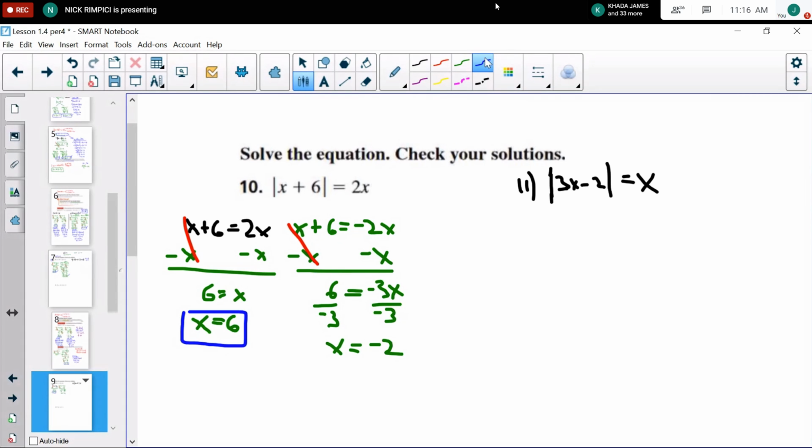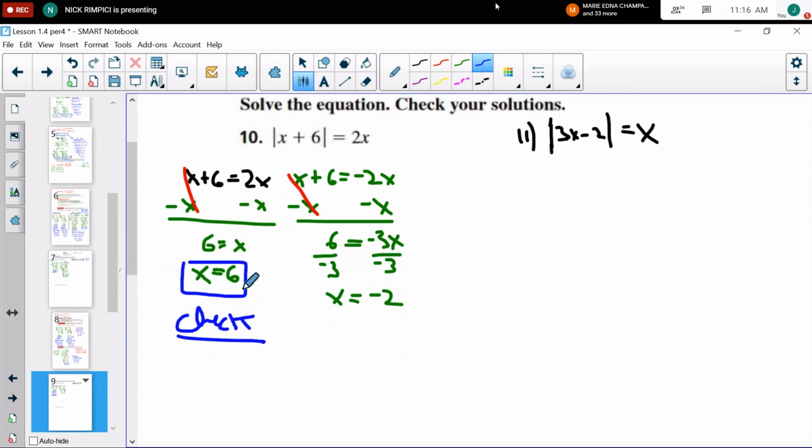What you do to check it is pretty simple. You just drop the values back in. So I'll show that. Again, everything is complete. She gives you a full view of what's happening here, and she has the answer correct, obviously. So if you put 6 in there, you're going to do the absolute value of 6 plus 6 equals 2 times 6.